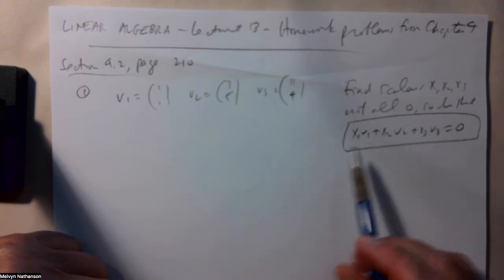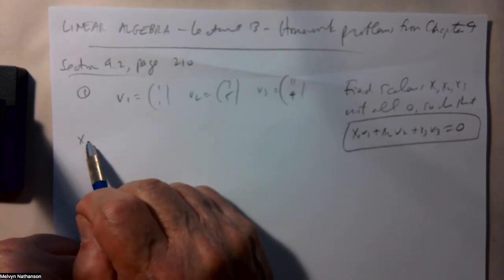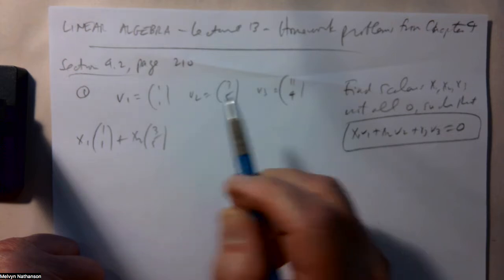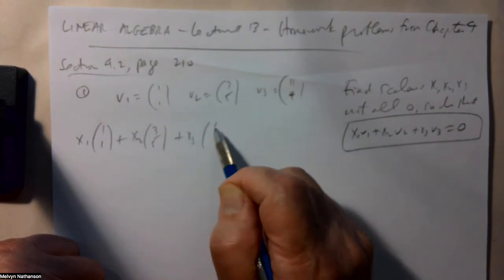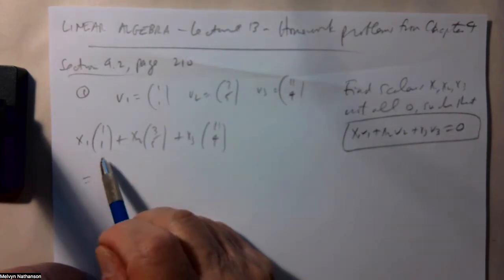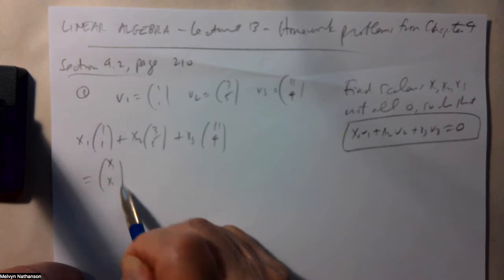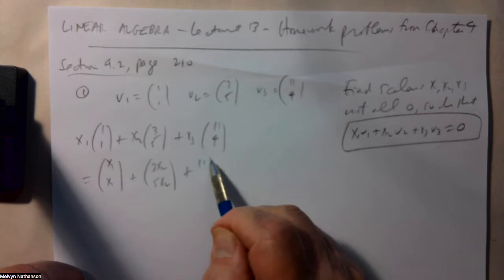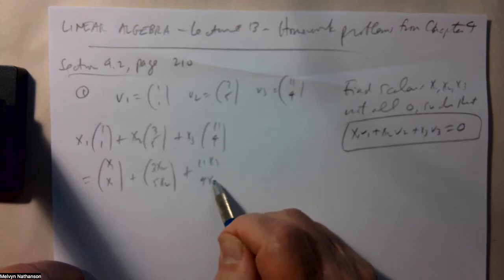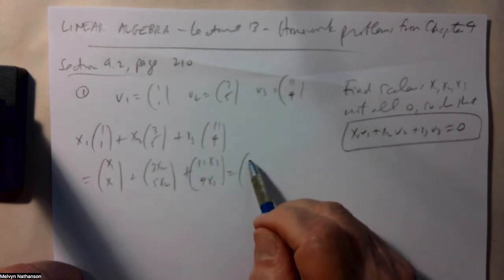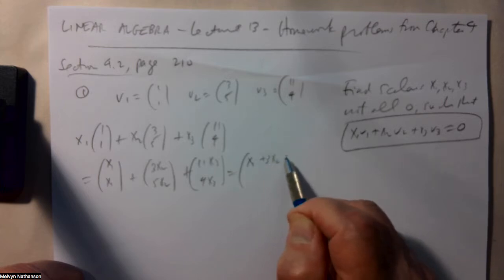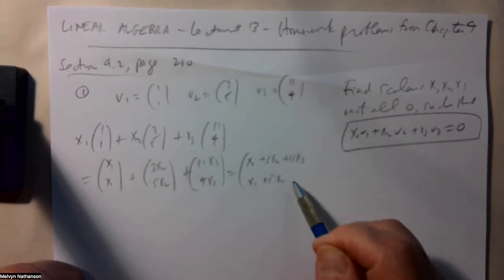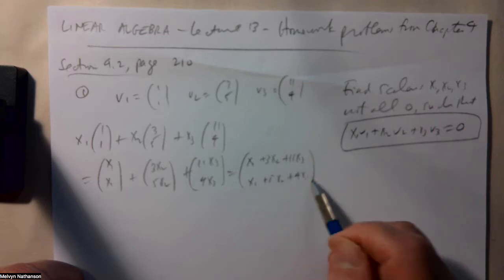So if we write this out in vector form, this is x1 times the vector 1, 1, plus x2 times the vector 3, 5, plus x3 times the vector 11, 4. This is x1, x1, plus 3x2, 5x2, plus 11x3, 4x3. We add the vectors, we get x1 plus 3x2 plus 11x3, x1 plus 5x2 plus 4x3.